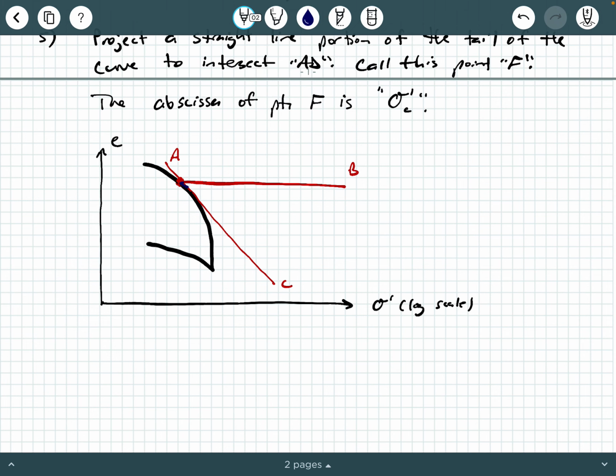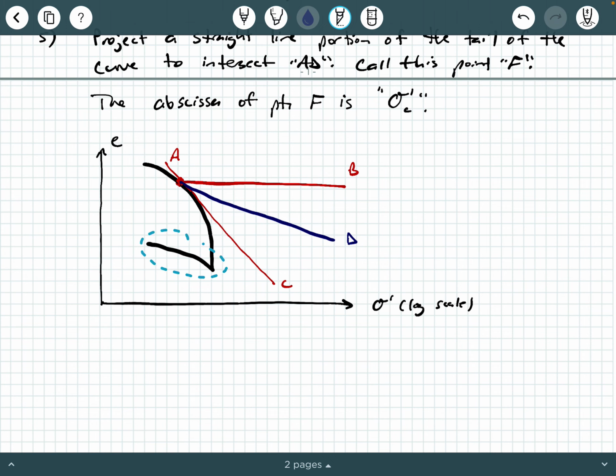I'm going to change colors on this one and try to cut this right down the middle. Did a bad job that time. Okay, and this is going to be line AD here. So that's step four. Step five says project a straight line portion of the tail of the loading curve.